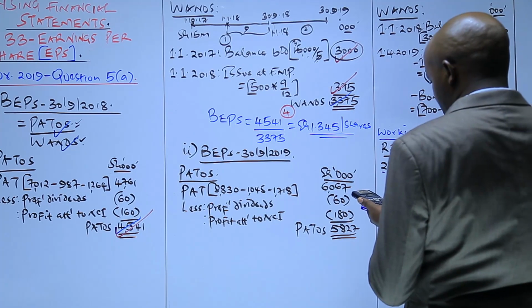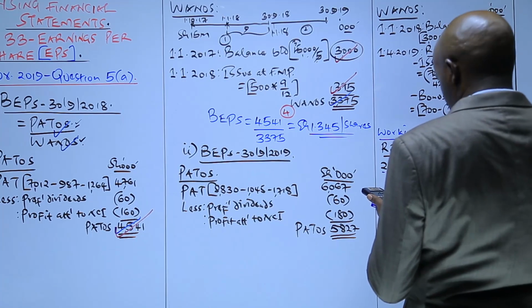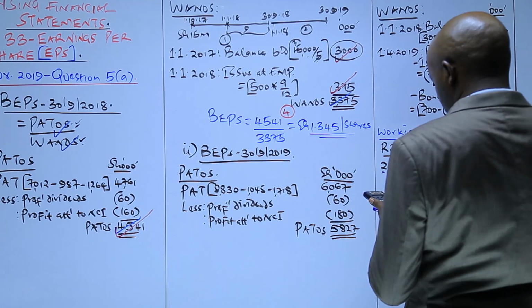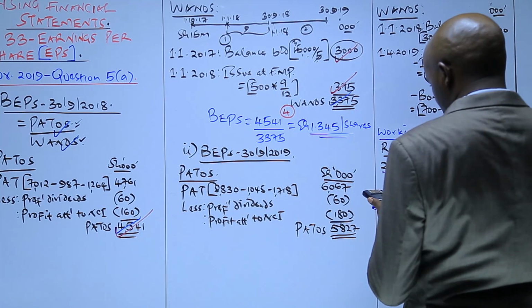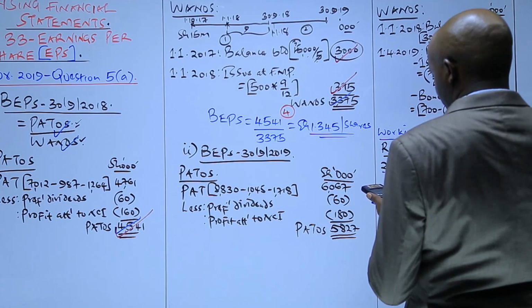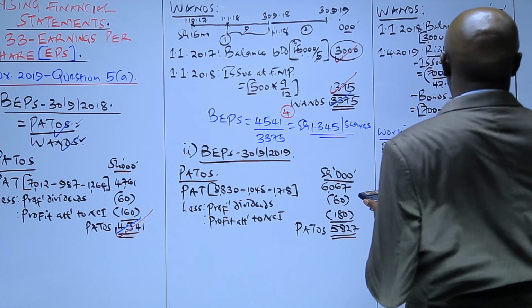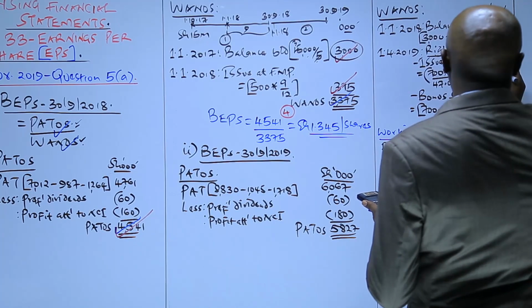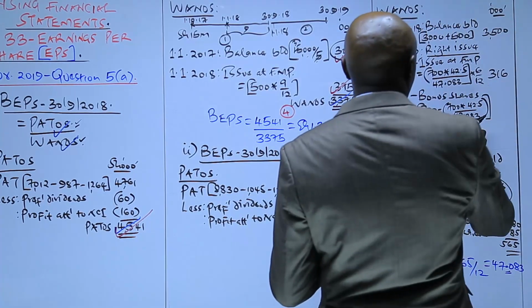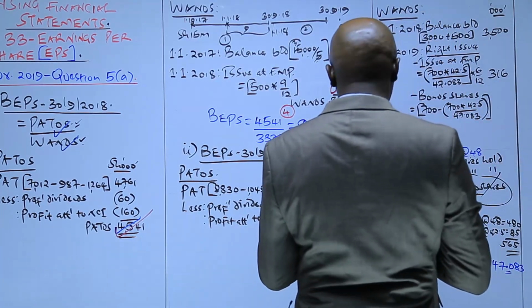So we have 700 times 42.5 divided by 47.083, times, or basically divide that by 2, since it is weighted 6 months out of 12. So that will give us 315.9. Can we take it as 316? Yes, let's take it as 316, and then we compute the bonus element here.